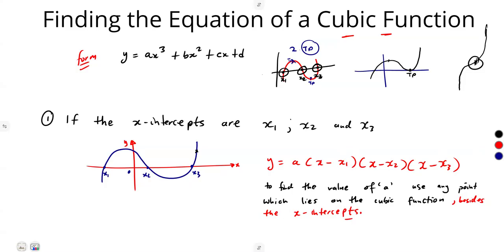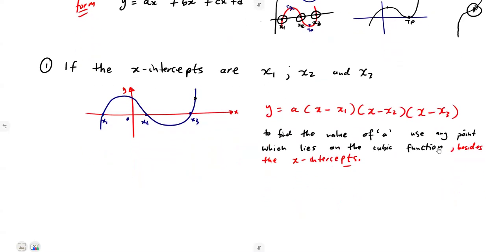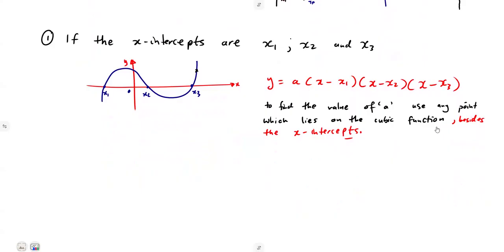You use any other point besides the x-intercepts. That is the condition. Simply substitute any point on the graph besides the given roots of that graph. So the equation at the end is going to be in that format.